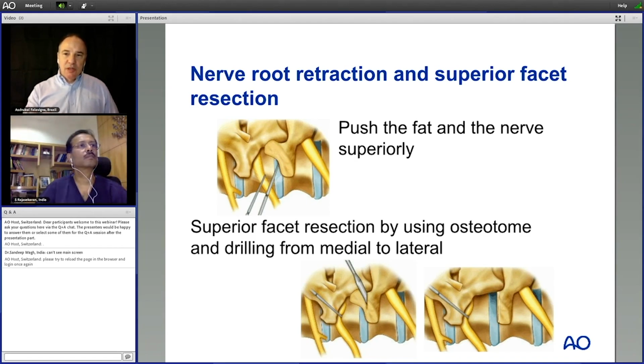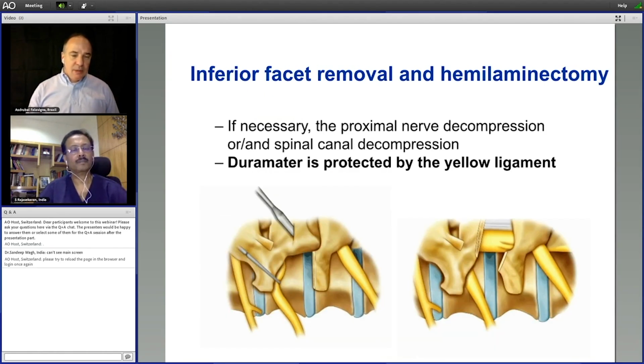The nerve root is not visualized, but a gentle manipulation cranially along with the soft tissue and fats allows an unrestricted view of the intervertebral and the herniated disc. Another thing that I want to highlight is the stepwise resection of the lumbar facet during the decompression, according to the specific needs of proximal nerve root decompression and the spinal canal decompression.